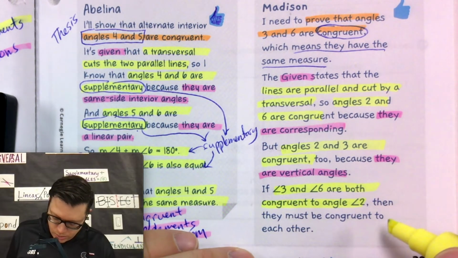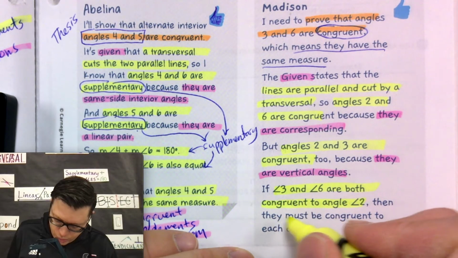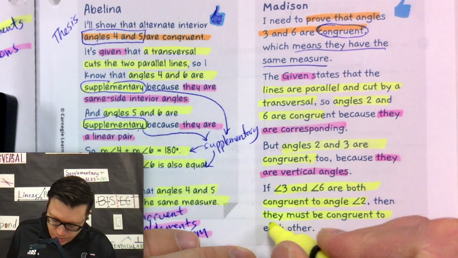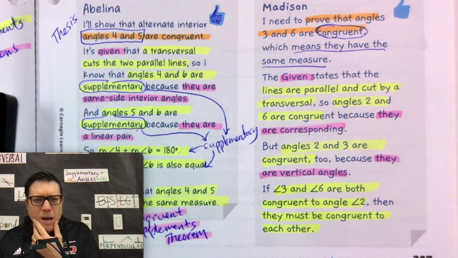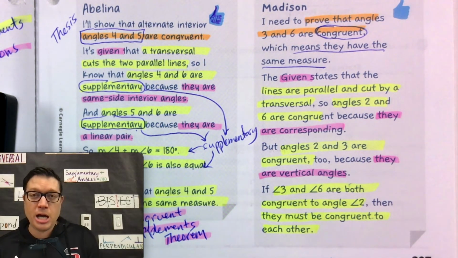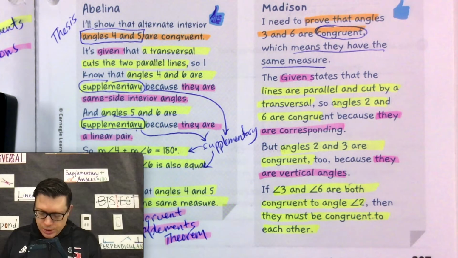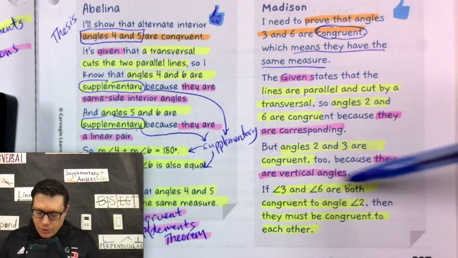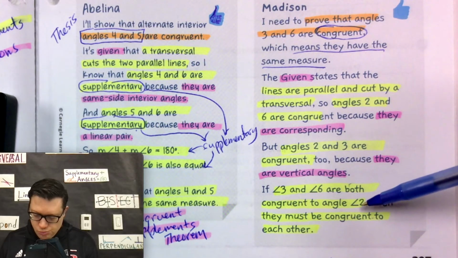So she's missing a couple of reasons for that statement and that statement. Remember, every statement in yellow gets a pink reason.